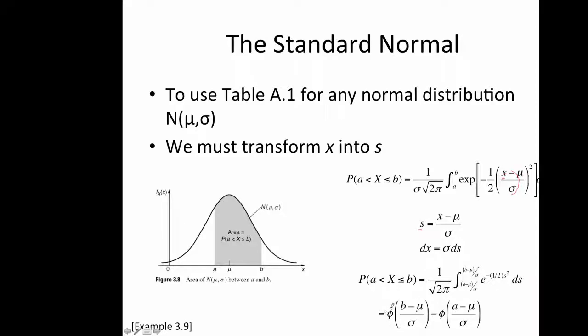And now it allows us to use the tables in the back of the book. So now we just have to plug and chug here the B minus the mean value divided by the standard deviation to get what value we would look up in our tables. And we subtract off of that the CDF function of A minus the mean value divided by sigma.